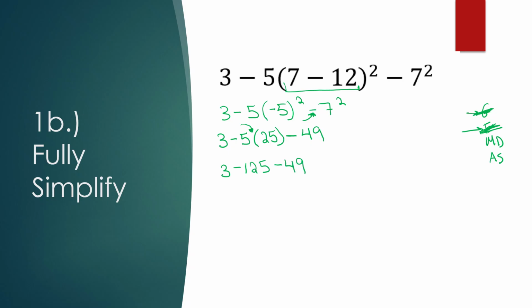I have no more multiplication or division, and now I move to addition and subtraction. And again, I have to go left to right. So here I get negative 122 minus 49. And then I need to make that subtraction. So I subtract 49 and I get negative 171.